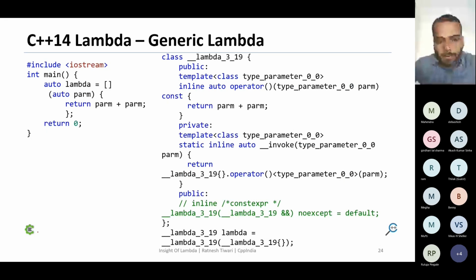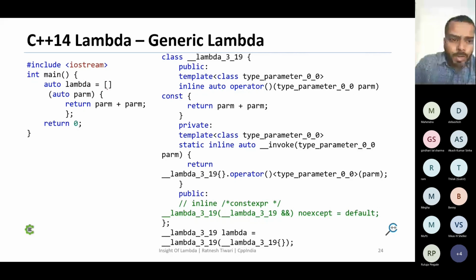Now the generic lambda. This is very interesting in C++ coding. We know that in C++ the way to achieve generic code is templates, and generic lambda is also implemented using templates. So in case of a C++14 generic lambda, everything that is generic becomes a template thing.